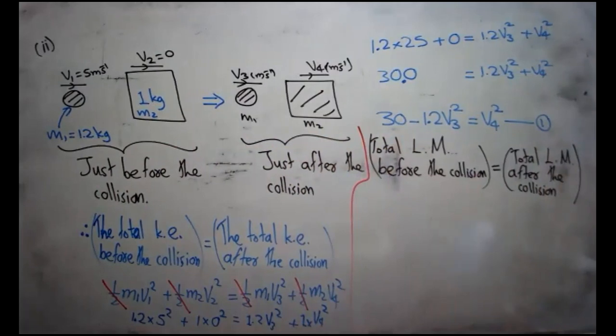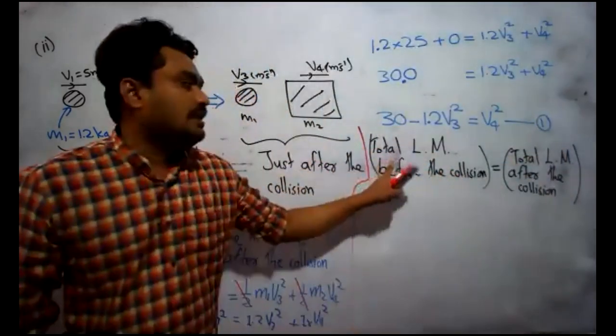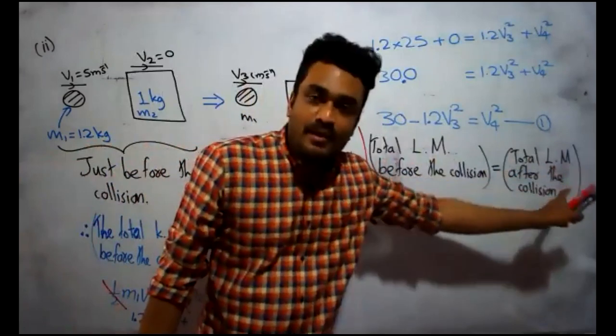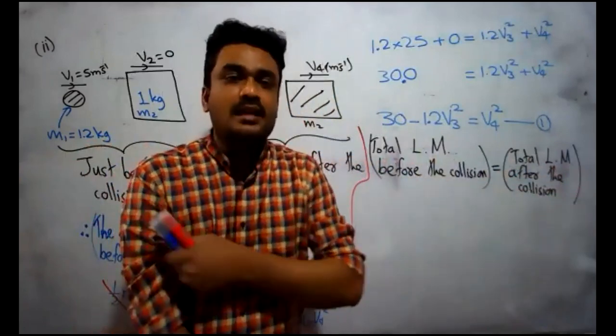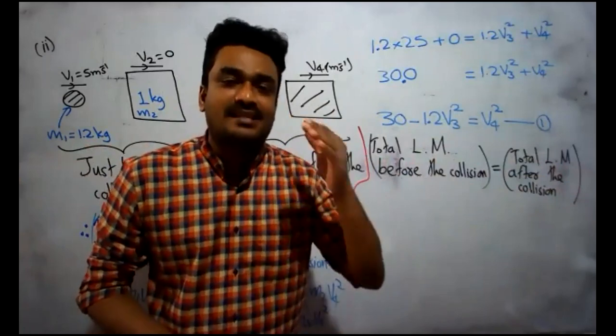So this is what we have written in the previous example. Am I right here? I have said let us apply the law of conservation of linear momentum. It tells us the total linear momentum before the collision equals total linear momentum after the collision. Linear momentum is the product of mass into velocity, and it has a direction.